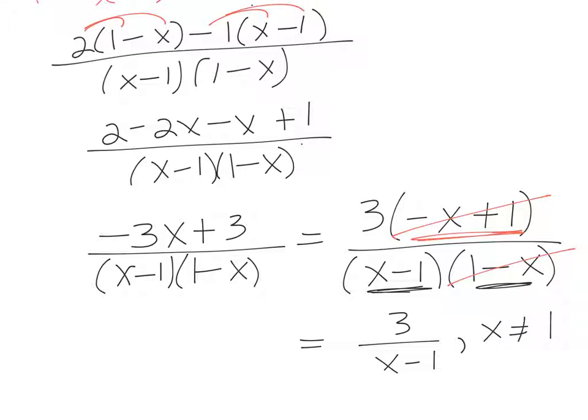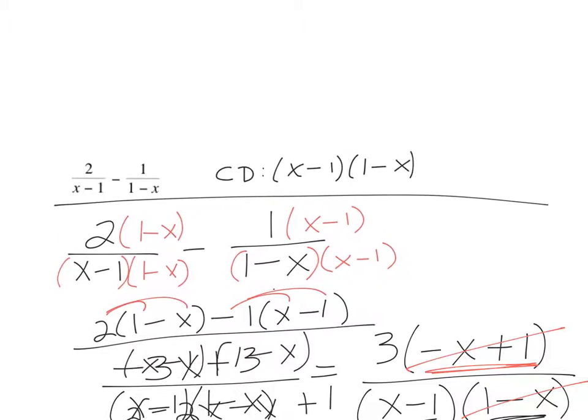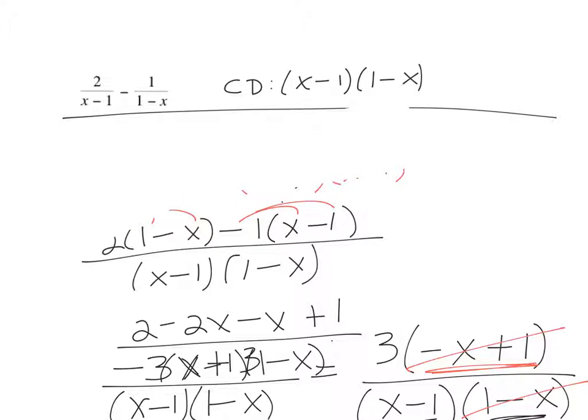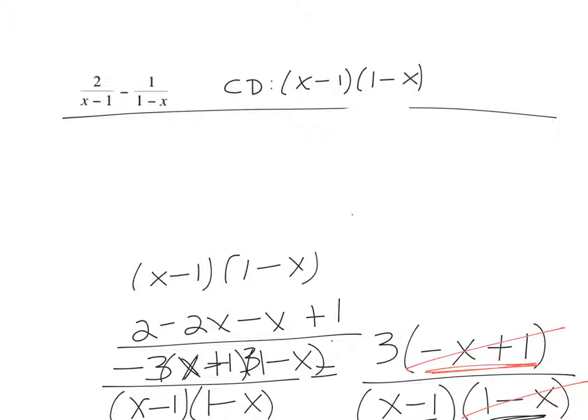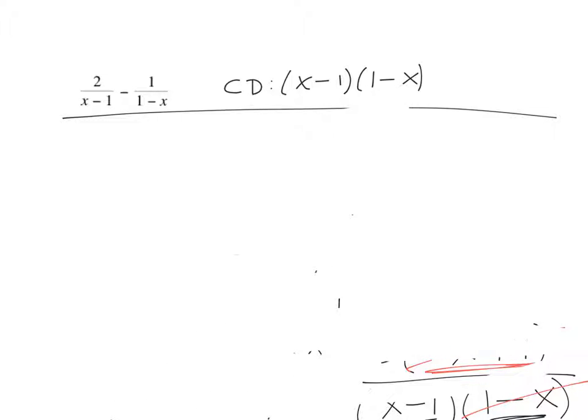The other way to do this problem that wouldn't require that is something I want to talk about here. If you look at the original problem, if you realize at the beginning when you start, you might not realize, but hopefully you would, that those two factors in the bottom are actually really close to the same. x minus 1 and 1 minus x are very close to the same thing.